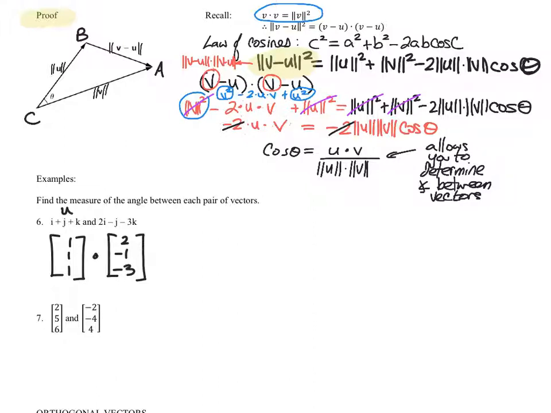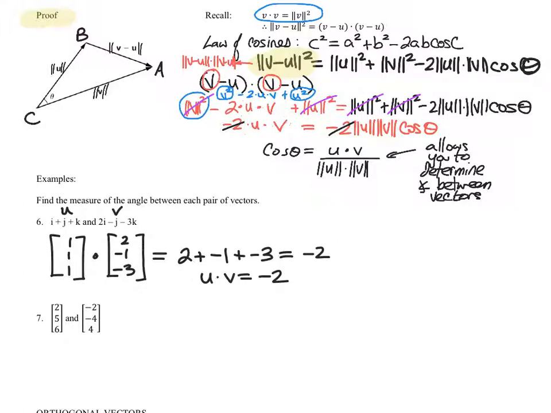We can call the first one u and the second one v, just to keep it consistent with the formula. So 2 plus negative 1 plus negative 3, we're talking negative 2. So u dot v is equal to negative 2.